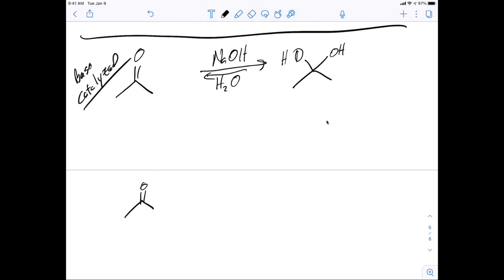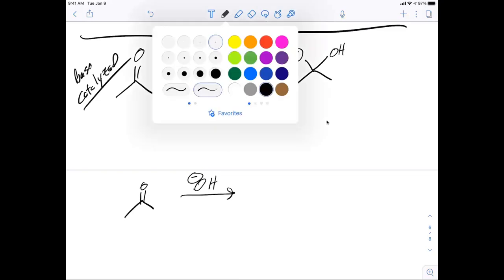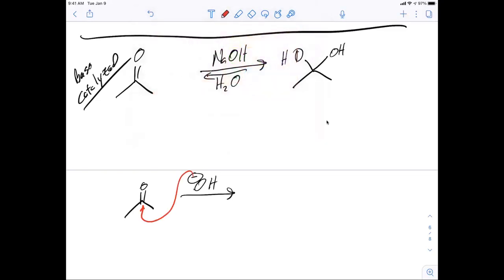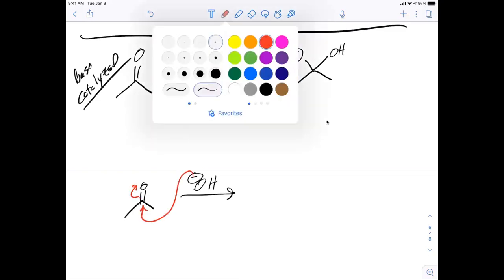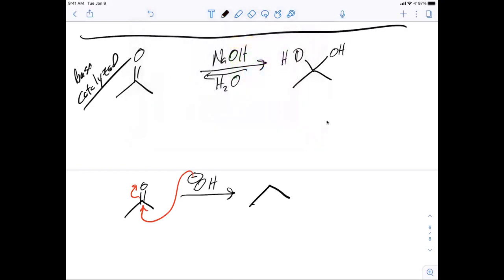So again, going back to your generic, and you're going to see these over and over again. So sometimes it's helpful if you just make a note to yourself that this is base catalyzed. So here with the hydroxide, the first thing that happens is the hydroxide reacts with the carbonyl. So we get nucleophilic attack.